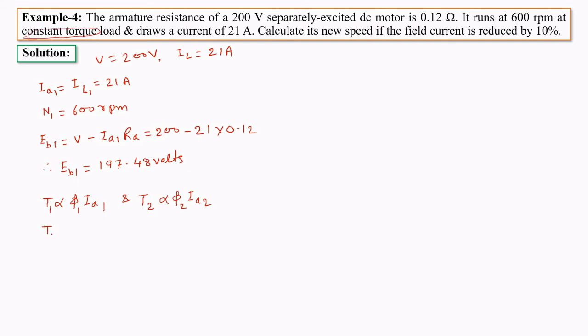Therefore, T2 will be equal to T1, or we can write IA2 into phi 2 should be equal to IA1 into phi 1, or IA2 is equal to IA1 into phi 1 by phi 2.